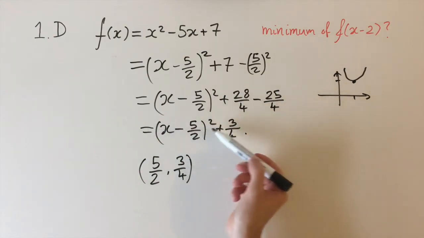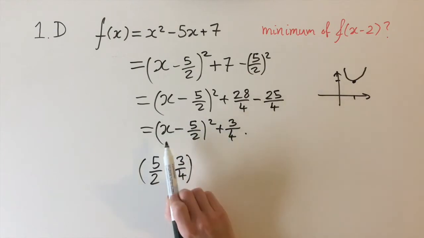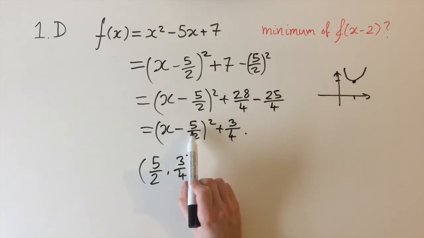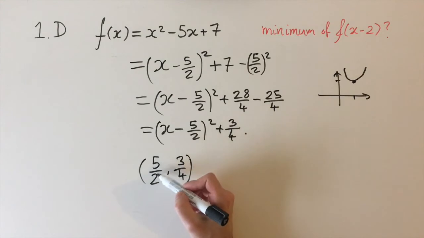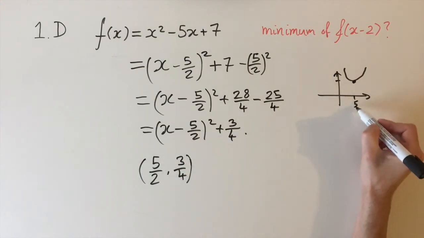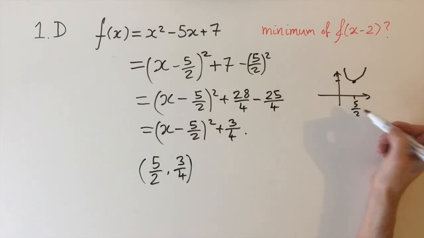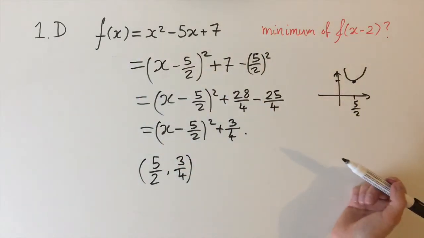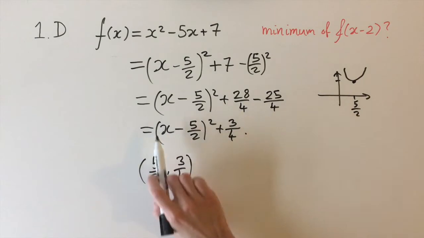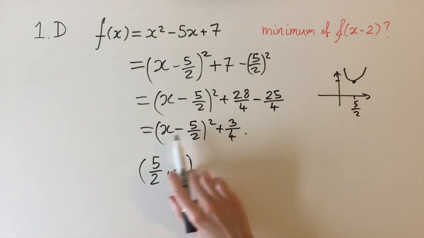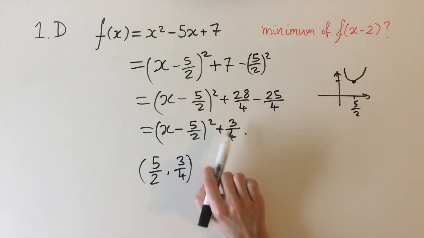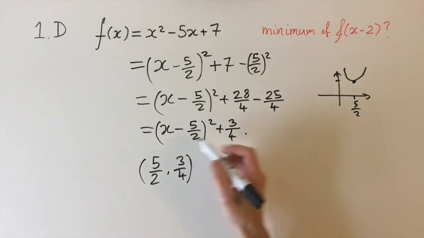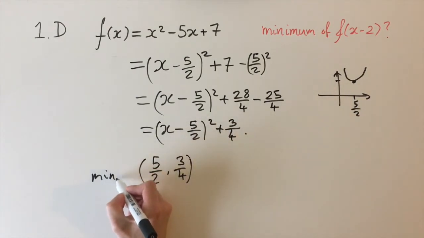What value of x makes this vanish? That's exactly when this bracket is 0, so 5 over 2. And that's where this comes from. So we know that the x coordinate is 5 over 2, and then we just need to plug 5 over 2 into this function to find the height. In this form, it's very convenient. This vanishes, it's 0 as we said, and we just get 3 over 4. So that is how we find the minimum here.